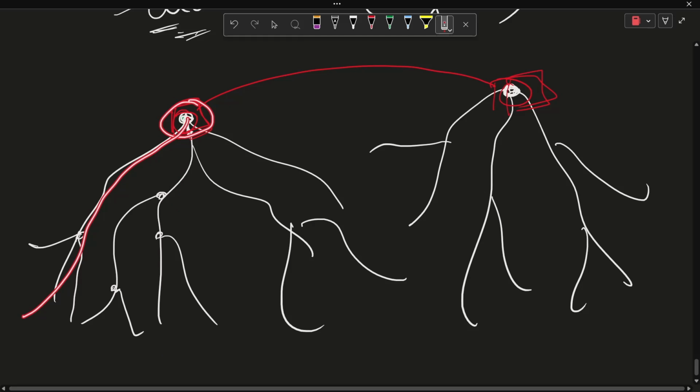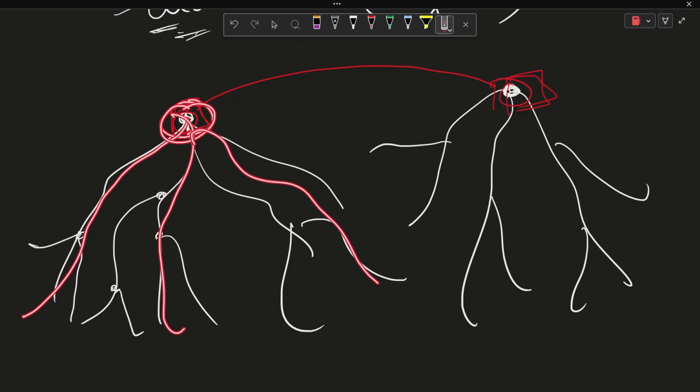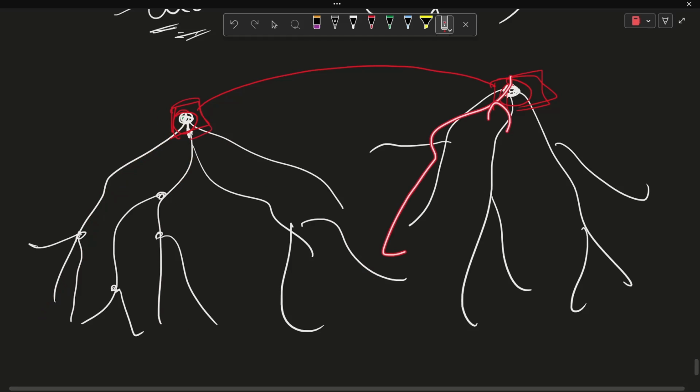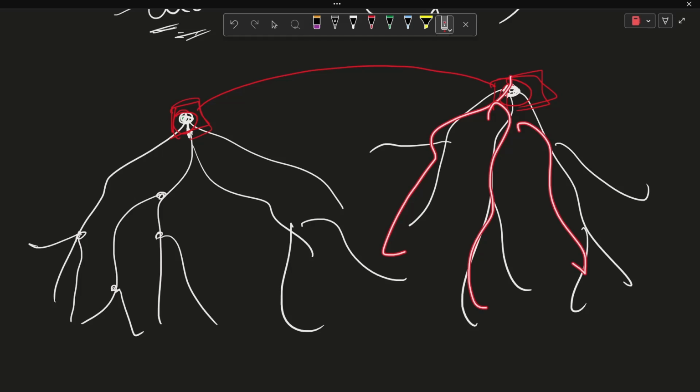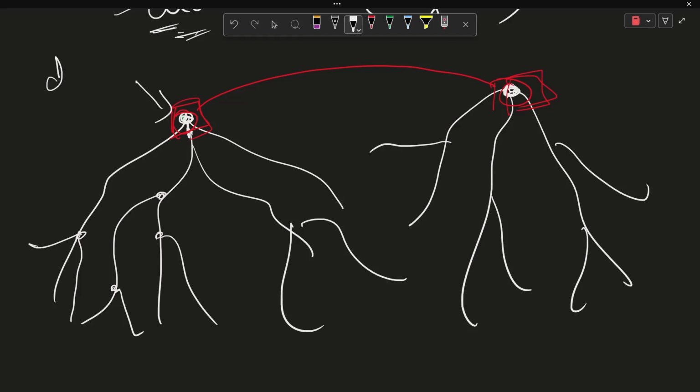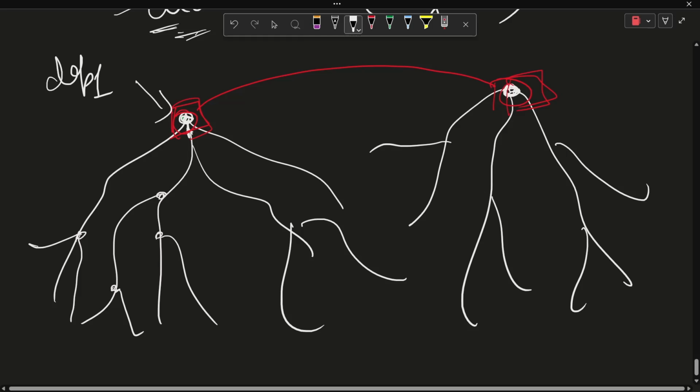go after taking this node as the root, and the maximum depth you can go in the other tree after taking this node as the root. I'm telling the maximum depth with this as the root of your first tree is depth 1, and the maximum depth with this as the root of your second tree is depth 2.